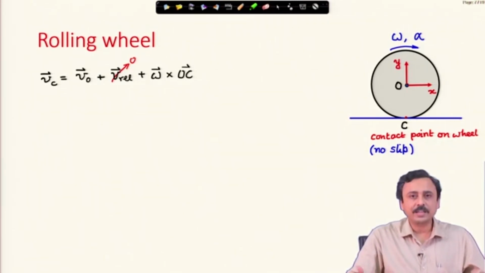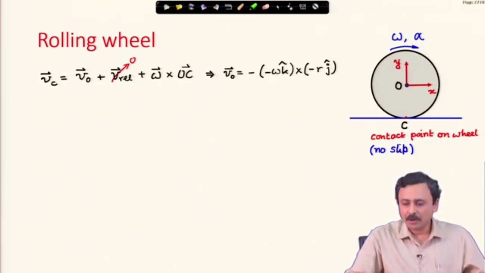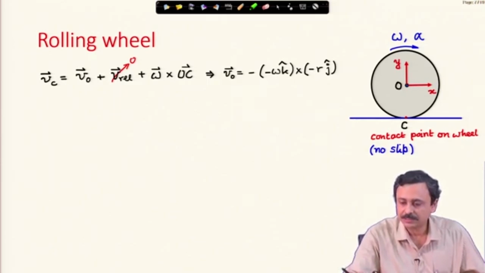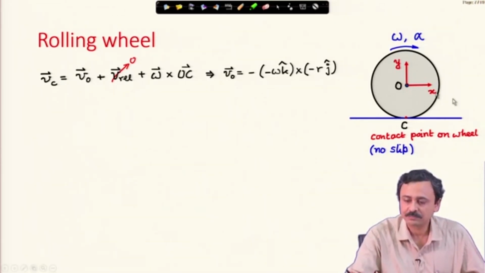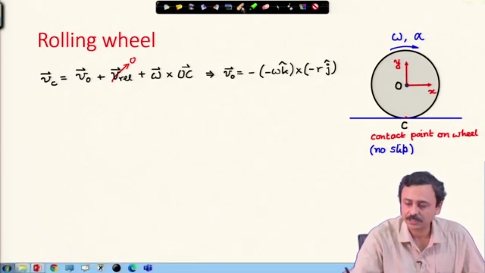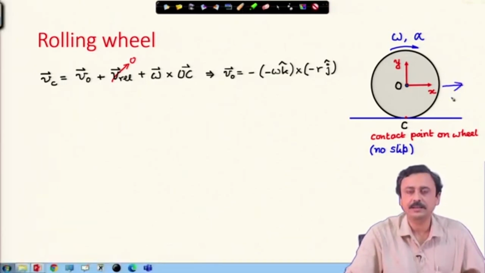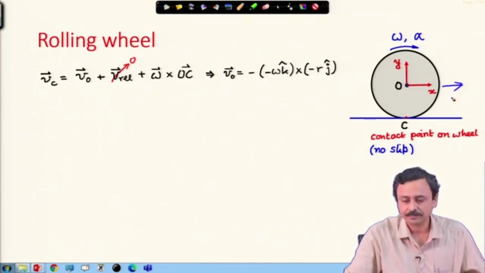Now, I can use this xy frame to represent everything. If you do that, now what I have written is, you see the x is in the direction of motion, therefore, the velocity of the wheel is like this, it is moving in this direction.